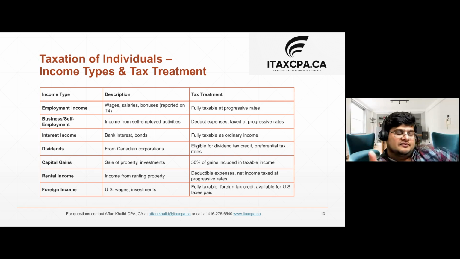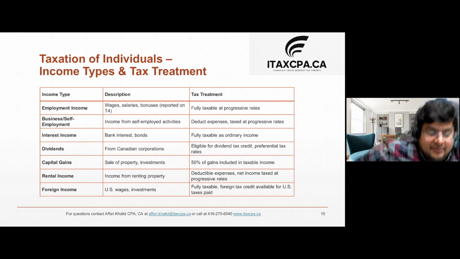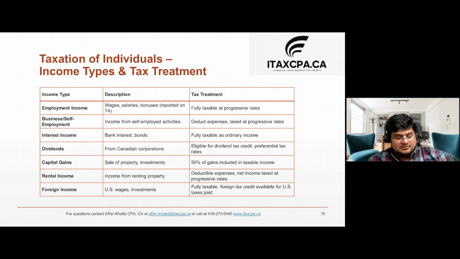So, on $150,000 of gain, I will be paying tax on only $75,000 of the gain, and that $75,000 is taxed at the ordinary progressive tax rates, no problem. But the key difference is the inclusion rate. Okay, capital gains are included at 50%.